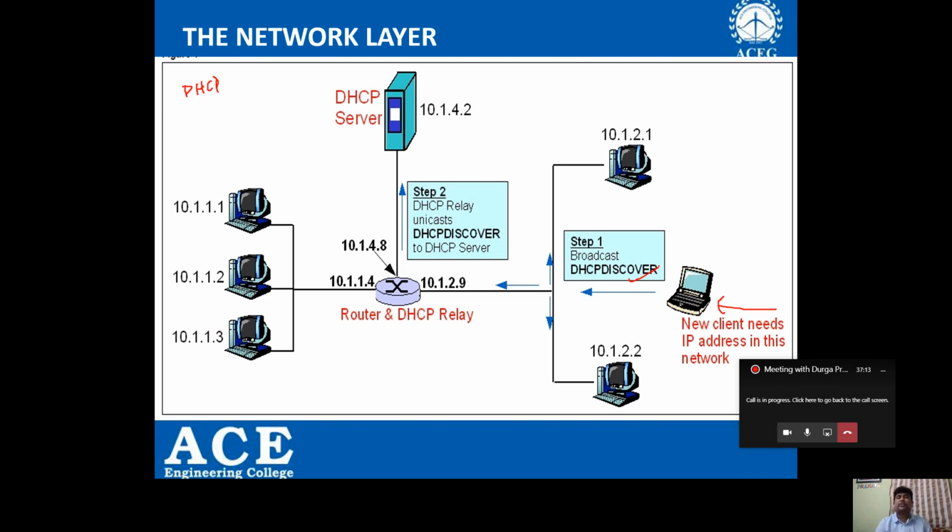Now this particular request is forwarded to all the devices in the network, and one of the routers, which is acting as a DHCP relay agent, might be receiving that request and forward it to the DHCP server. Okay, so this is the first step.